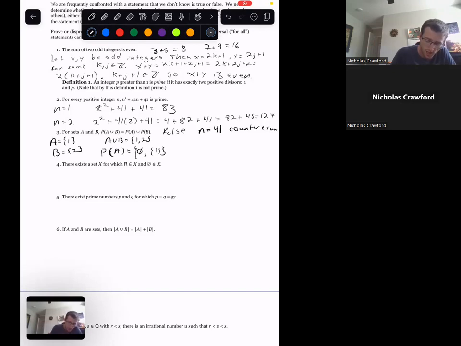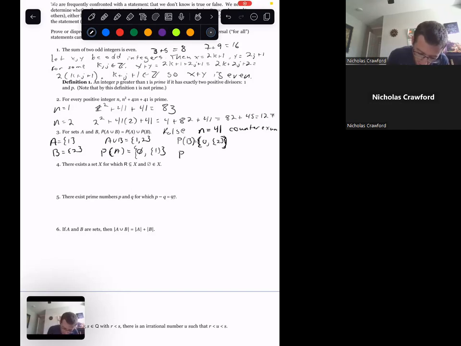We can already see that the power set of B is going to be the empty set and then the set containing 2. And so we start doing this, and then we find out that the power set of this union, we're never going to get the set {1, 2} in here.